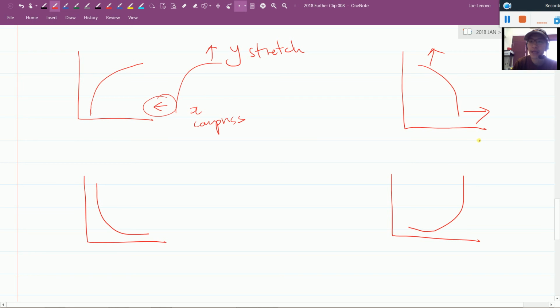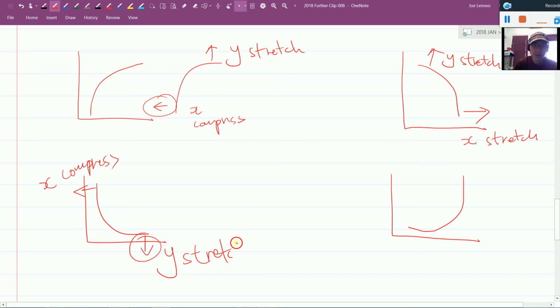So both of them, x stretch and y stretch. Coming down here, you want that one going down, going closer, which is x compress. That one going down, which is y stretch. That one going down and that one going big, that is x stretch. And the last one there would be y compress.